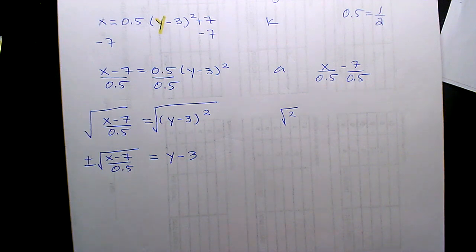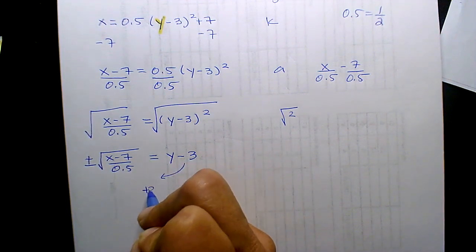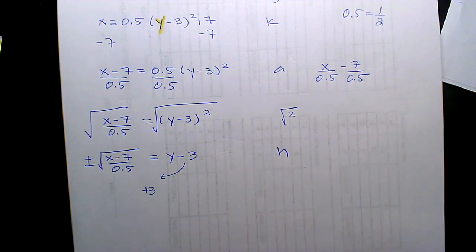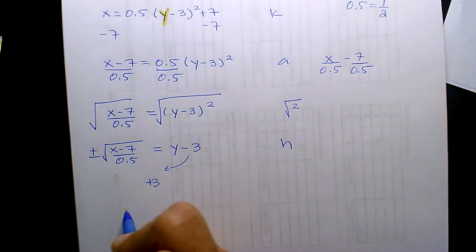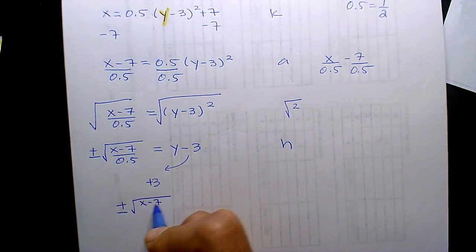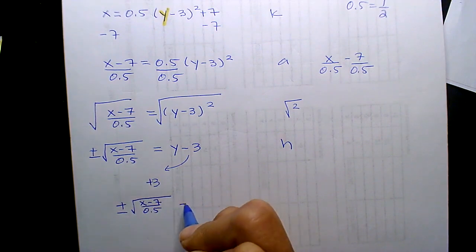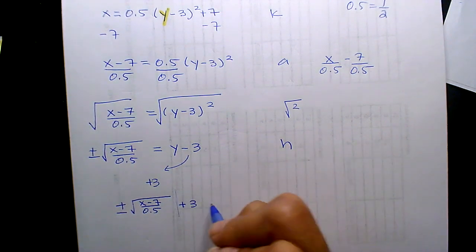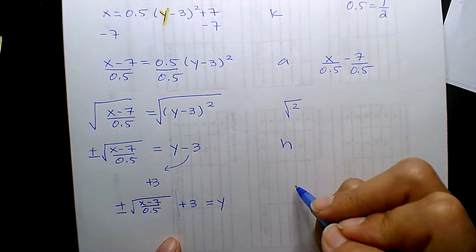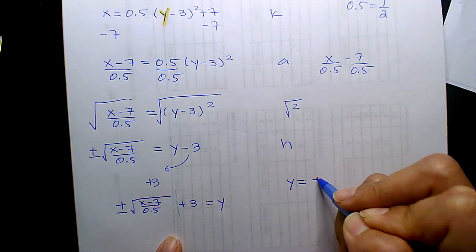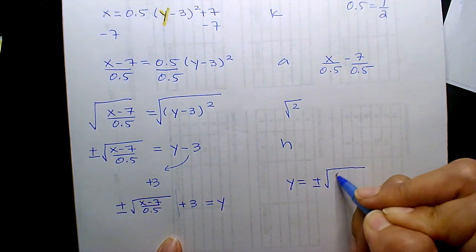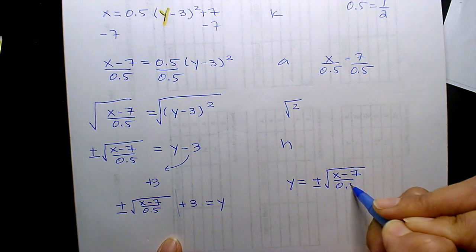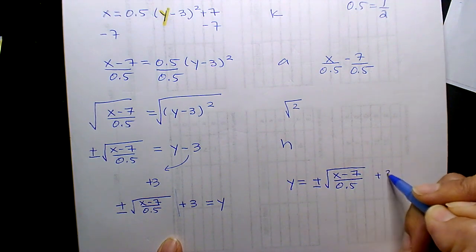Yeah, the positive 3. So take that over. It's a positive 3. This is your h. It's outside of the radical, so give it some space here, okay? Is equal to y, and that is your inverse function. So y equals plus or minus the square root of (x minus 7) over 0.5, plus 3.